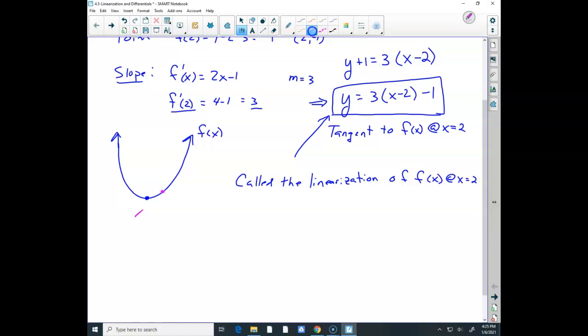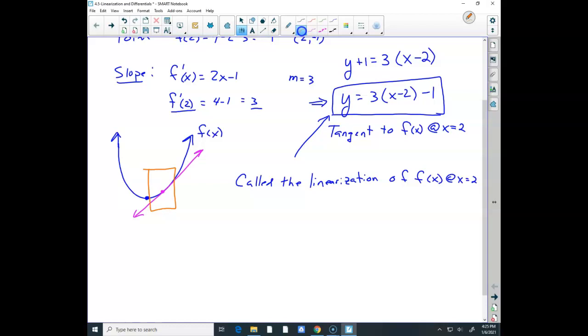So my line tangent, let's say it's right here. If I zoom in really closely on my tangent line, the line becomes the function when I'm very close, within a reasonable proximity of x equals 2.